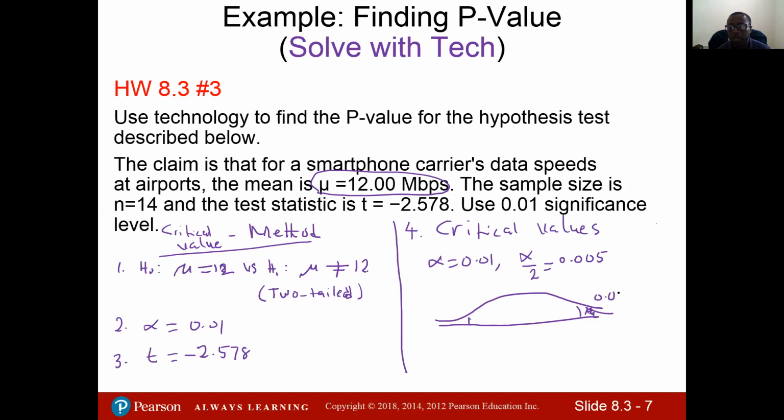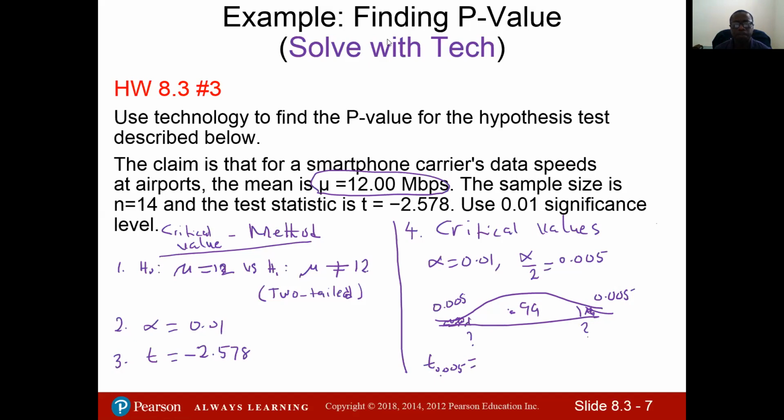This side is 0.005. This side is also 0.005. And then the middle is 0.99. So we want to find these values here. That's why it's plus or minus. So we want to find t 0.005.